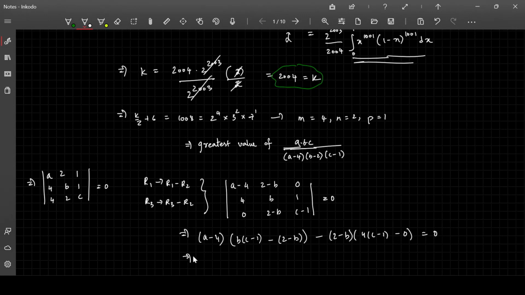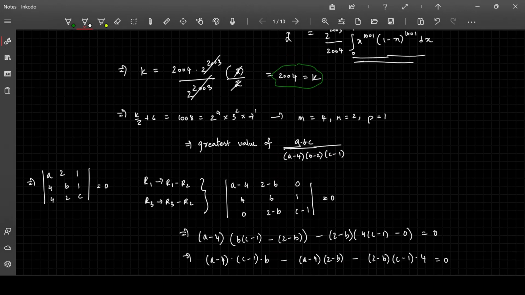On expanding this, we find A minus 4 into (C minus 1) into B, minus (A minus 4) into (2 minus B), minus (2 minus B) into (C minus 1) into 4 is equal to 0. Fine. So this is what we are left with.